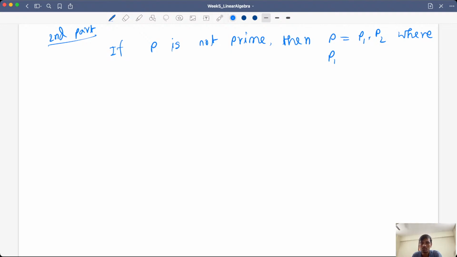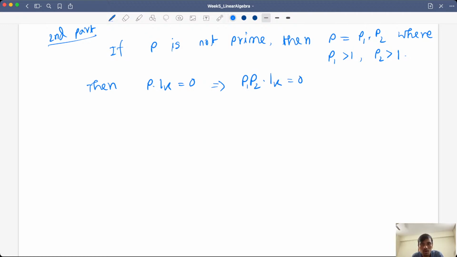So P1 greater than 1, P2 greater than 1. So then what do I get? On one hand you also have P·1_K equal to 0. Then this P·1_K equal to 0 implies P1 P2·1_K equal to 0.